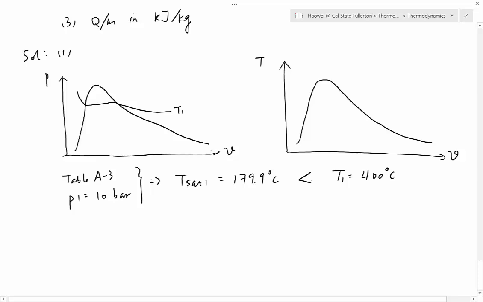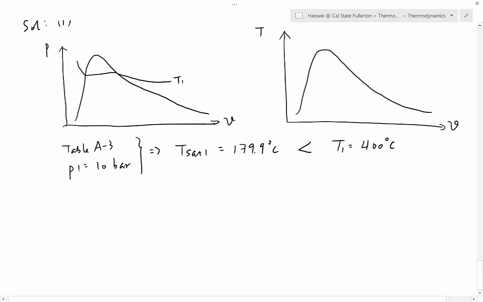What does that tell you? Point number one must be superheated. Only superheated water vapor can have temperatures higher than the boiling temperature. So from here, we can say point 1 must be superheated.